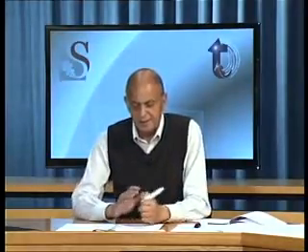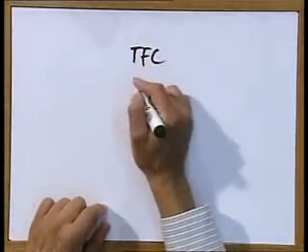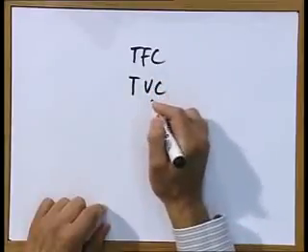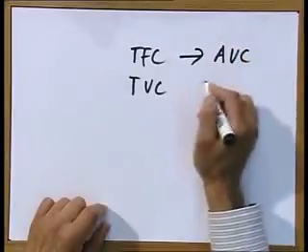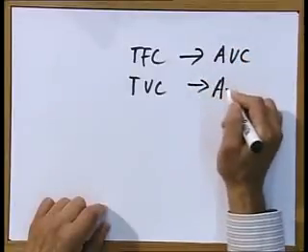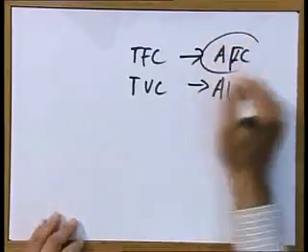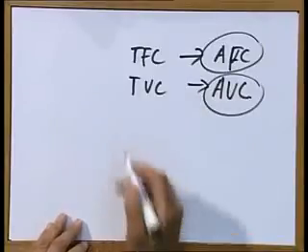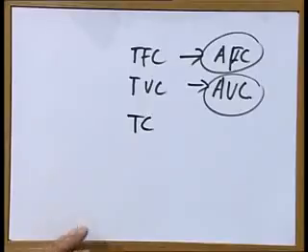So what we have looked at now are the various cost concepts that are important. Just to summarize, we looked at the calculation of TFC and TVC, and from here we calculated AFC and AVC. Then we also calculated total cost, which consists of total fixed cost and total variable cost.